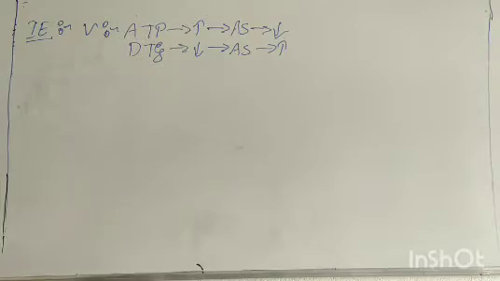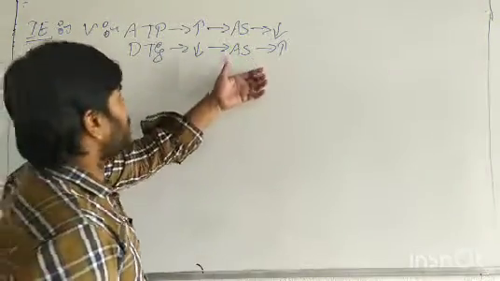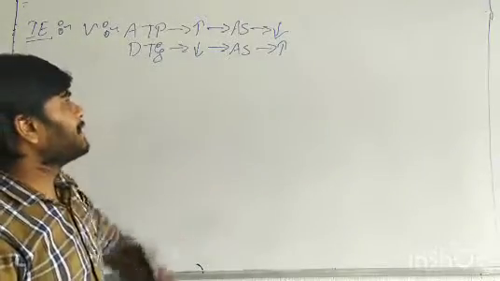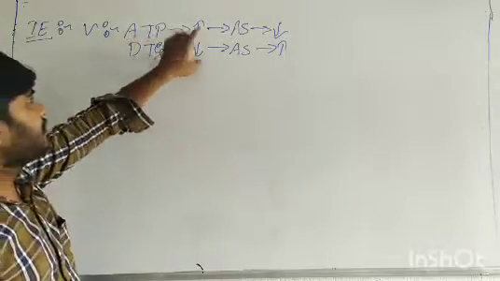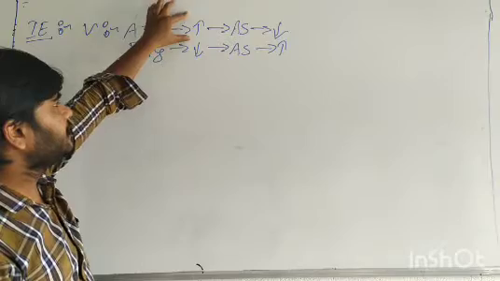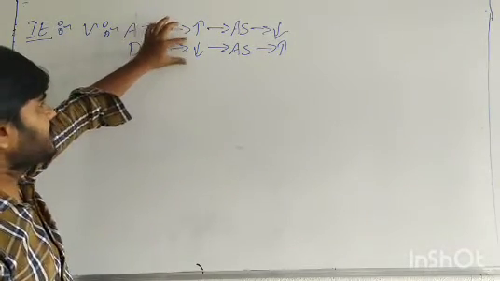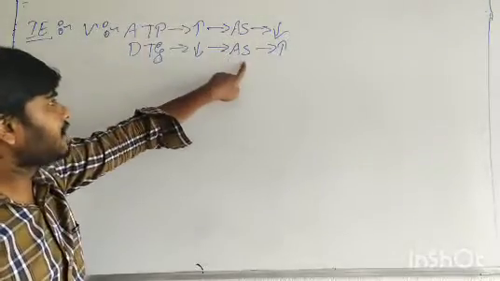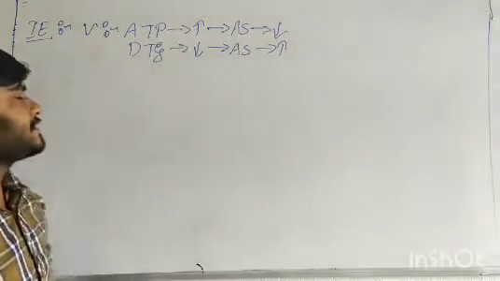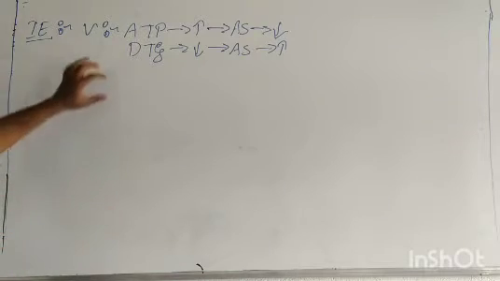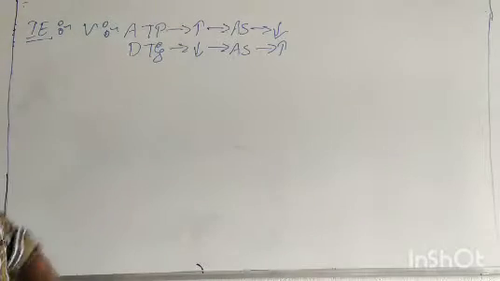This atomic size will also affect ionization enthalpy. We will check that later. Along the period ionization enthalpy increases and atomic size decreases. Down the group ionization enthalpy decreases and atomic size increases. First I will come to ionization enthalpy along the period, where it increases.